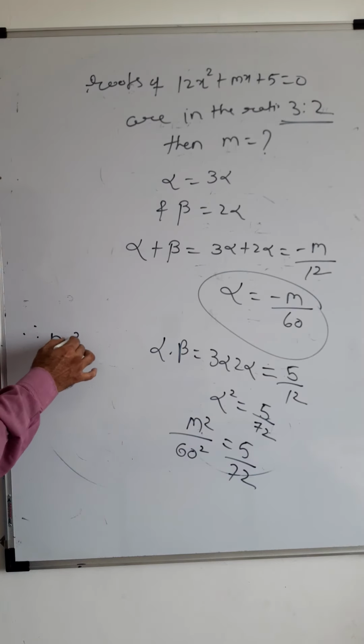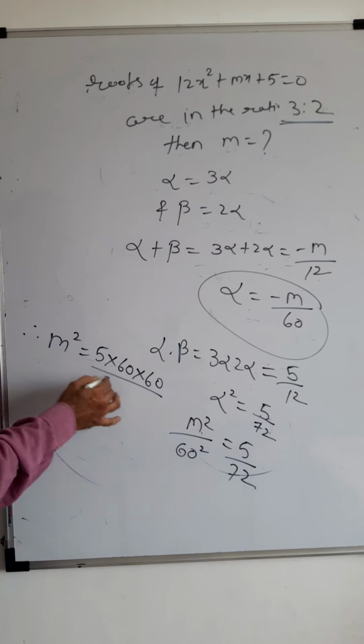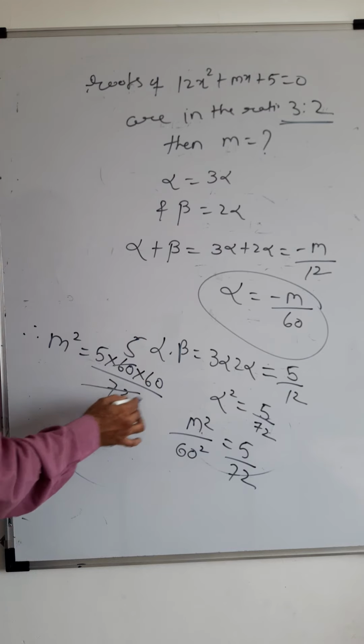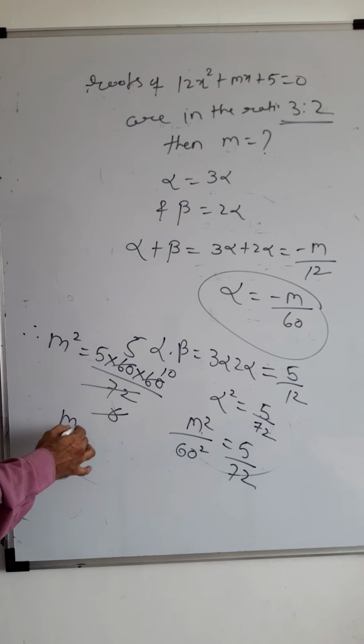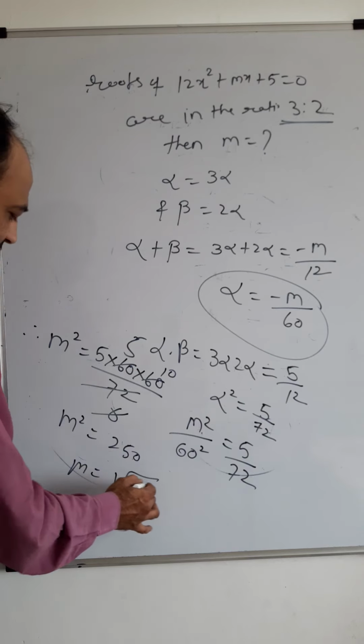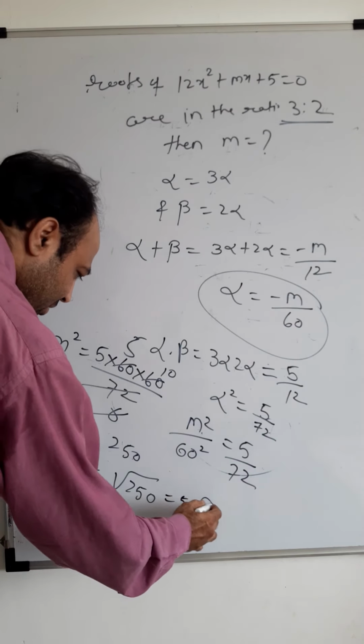Therefore, m square is 5 into 60 into 60 upon 72. So m square came 250. Therefore, m is root under 250. Whatever the answer, the square root of 250, you can write that. 5 root 10.